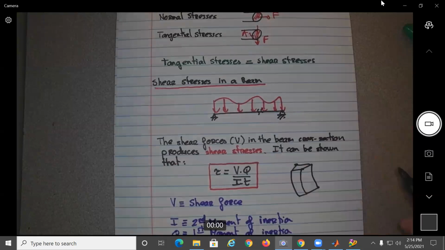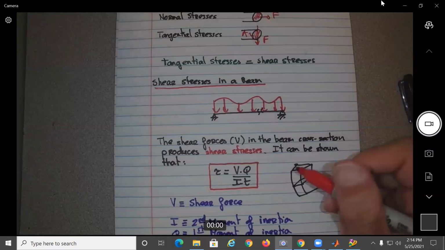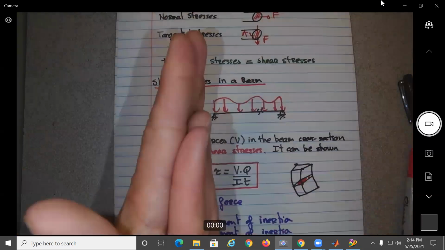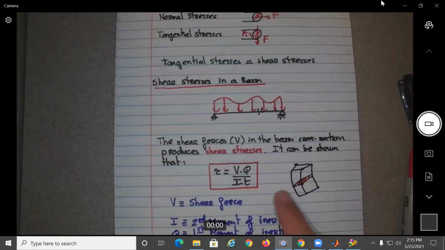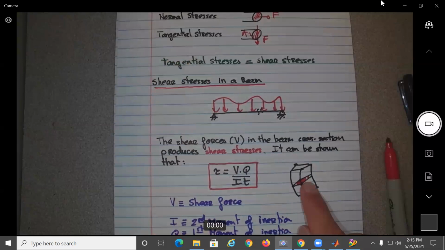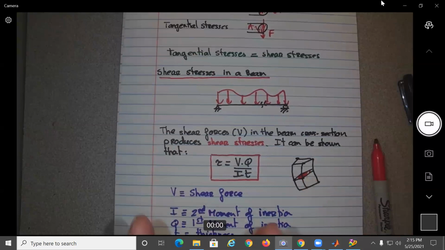If we make a cut over here, you agree that because the deformation of this plane here is not the same as the deformation of a plane on top over here, it will induce shear. Because what is shear? We have contact between two different surfaces. So this surface here will have some type of movement with respect to the other one.